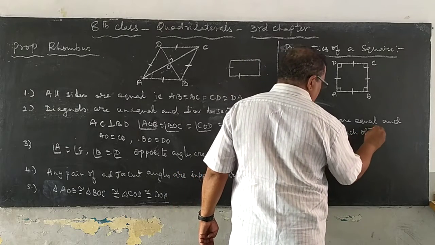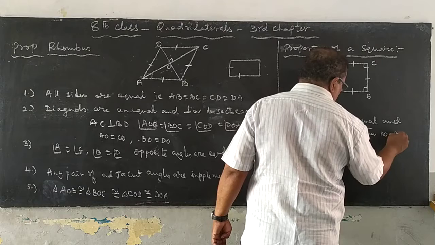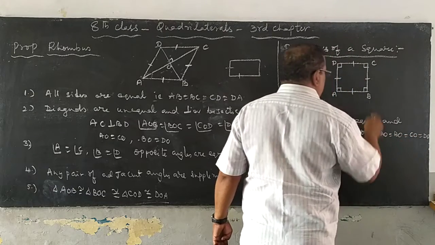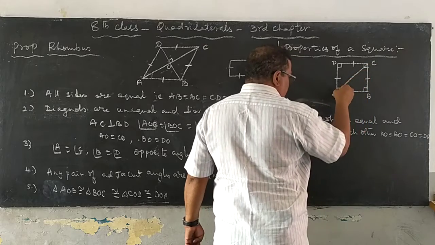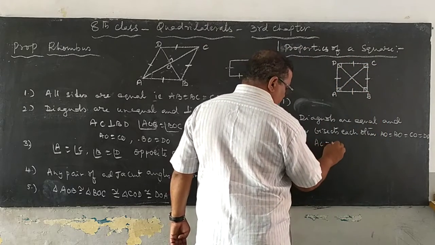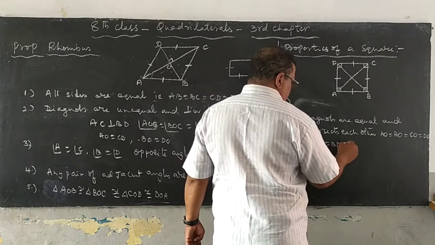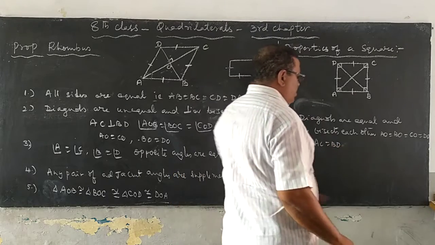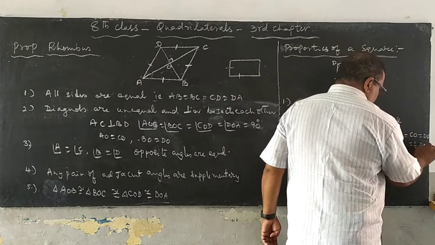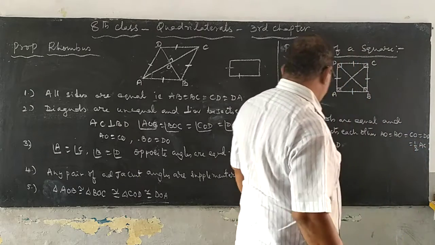That is AO equal to BO equal to CO equal to DO. Each one is half of the diagonal. AC equal to BD. So each one is half of AC or half of BD.